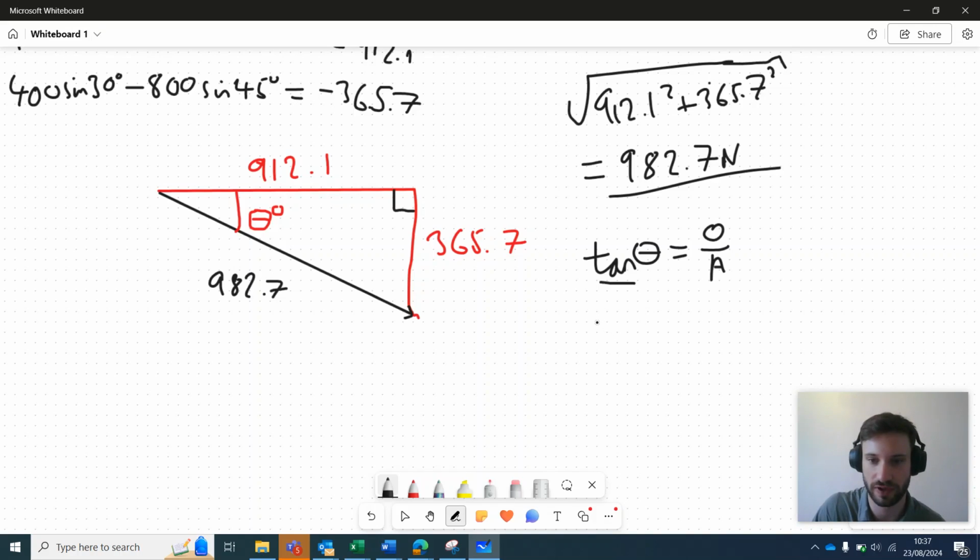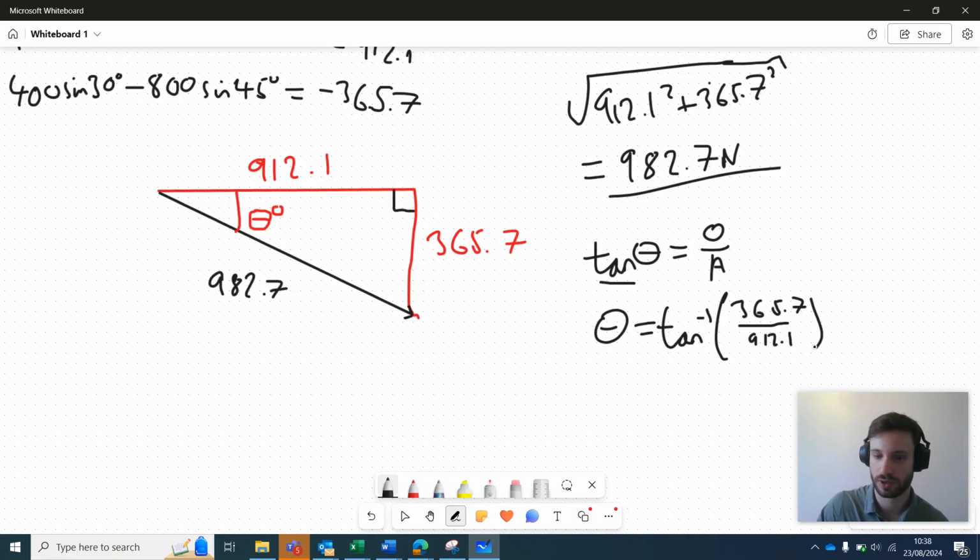Okay, so tan of theta is equal to the opposite over the adjacent. If I take the inverse tan of both sides here, I find that theta is equal to the inverse tan of the opposite over the adjacent. I don't need to rewrite opposite over adjacent, I'm just going to write the numbers in. So the opposite in this instance is 365.7, and the adjacent is 912.1.